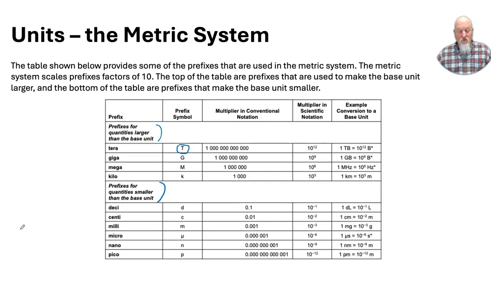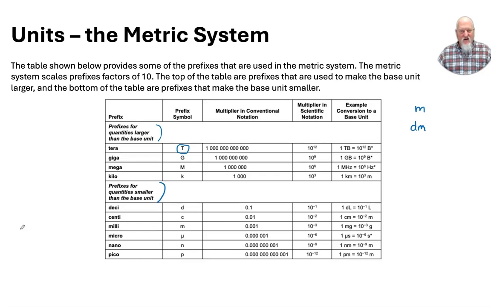So for example, if we were doing units of length, we would have meters, and then anything below this line, for example, deci, a decimeter, would be described with the symbol dm, and a decimeter is 0.1 meters.